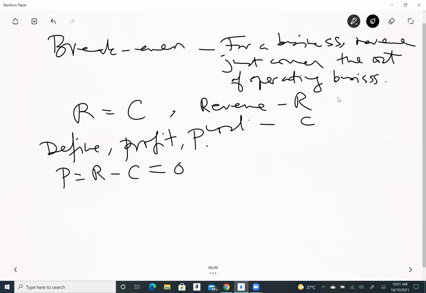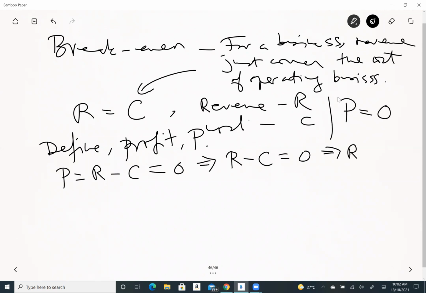So break-even: revenue just covers the cost. Revenue is equal to cost, R. That means profit is zero. So when your profit is zero, R minus C is equal to zero. Then you will get R equals C. So that is break-even, revenue equal to the cost. Or R minus C equals zero.